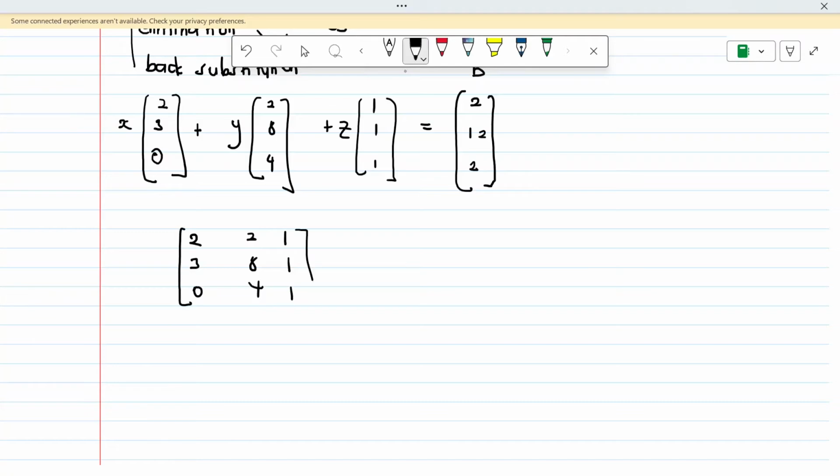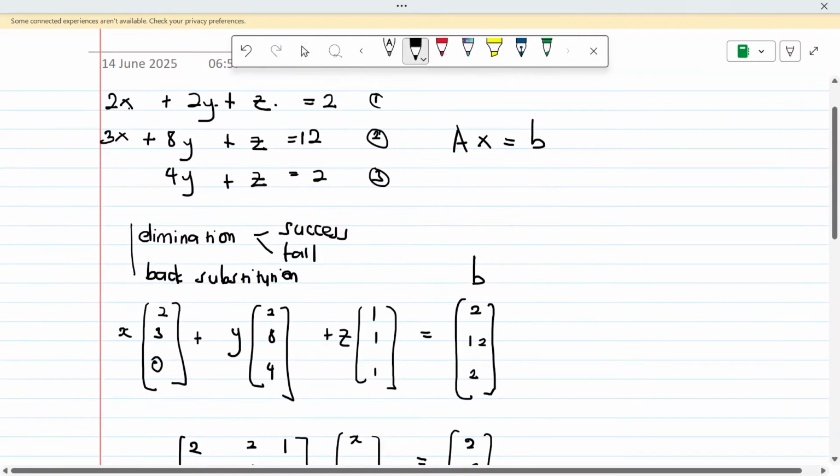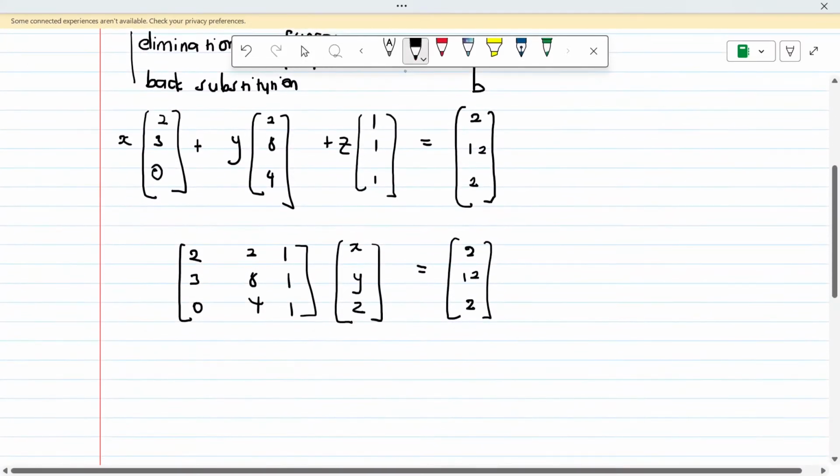That's our matrix. The transformation we have to apply on x, y, and z, such that we get the right-hand side vector 2, 12, 2. So that's how we can represent this system of linear equations 1, 2, and 3 as a matrix vector multiplication.